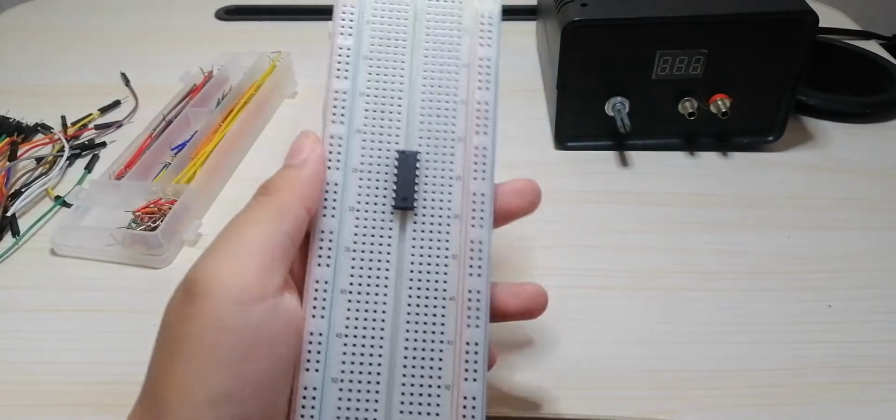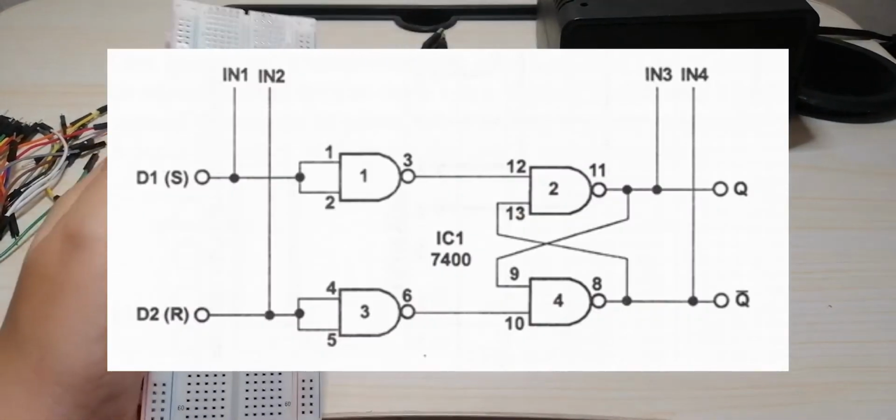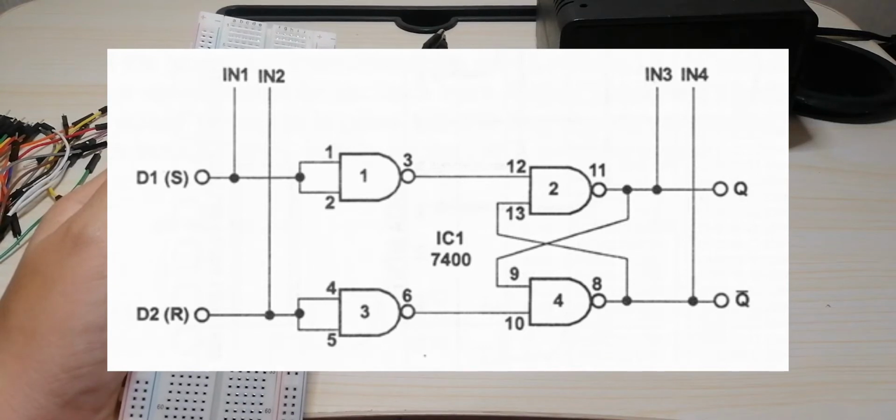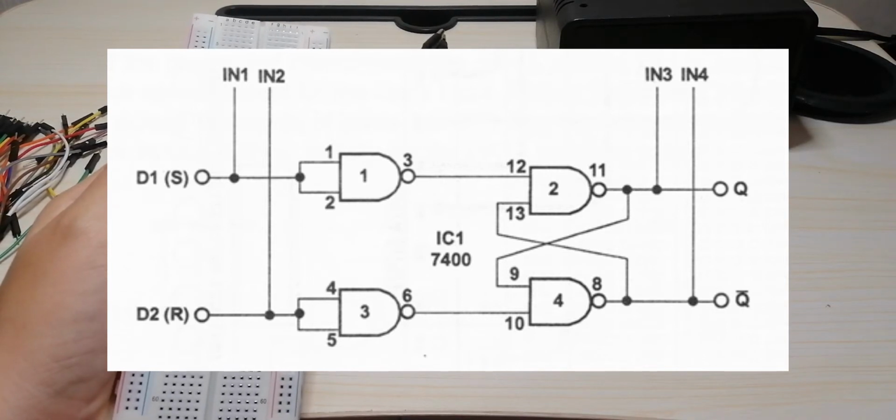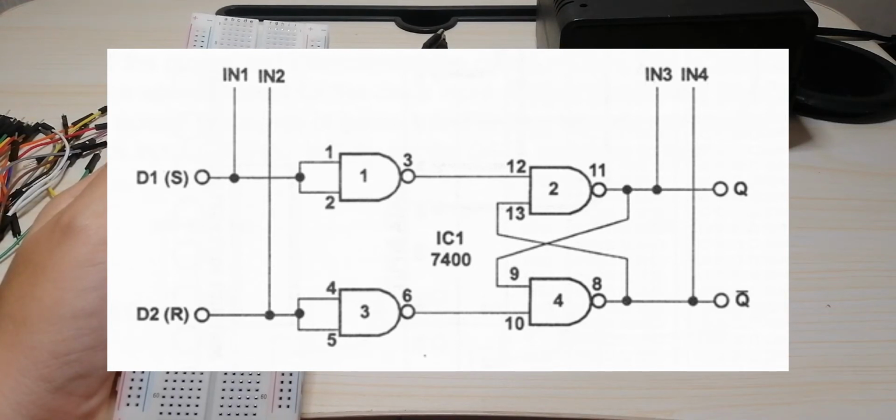Okay, then you can see in the circuit in our figure that there are two inputs, which are D1 and D2. D1 is our S and D2 is our R, and there are four outputs, which is in 1, in 2, in 3, in 4. That will be our LED.